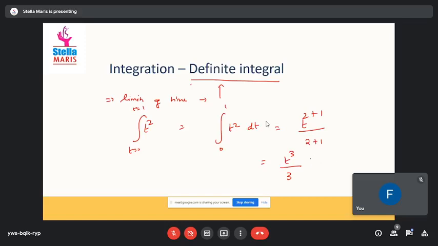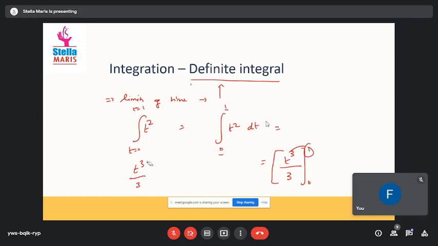The constant of integration should not be there, because it is a definite integral and you know the limits, which are time, 0 to 1. After you have integrated it, we substitute these values into t cube by 3.